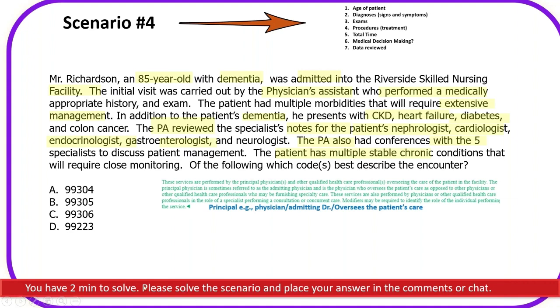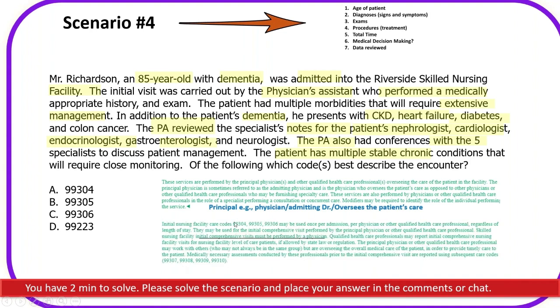And if you take a forensic look into these guidelines, Ms. J especially mentioned this before we started the scenario session. It states that for a skilled nursing facility, the initial comprehensive visit must be performed by a physician. If you look at the scenario, there was no physician here.